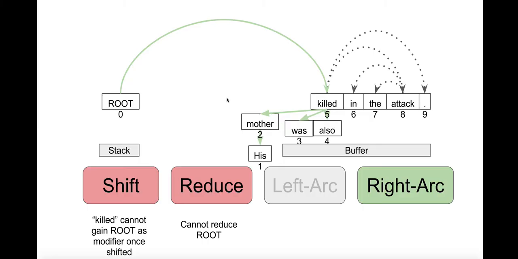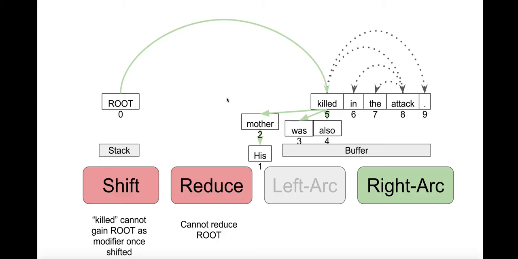Following similar reasoning as we described earlier, we have to have a right arc here, because if we shifted the token killed, then we would not be able to produce the right arc, as the token killed would never be back on the buffer.